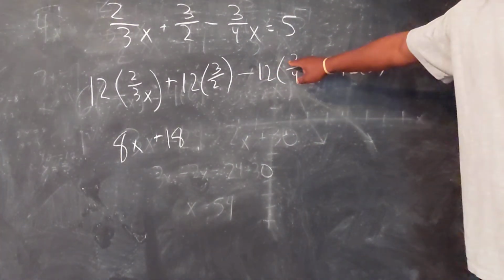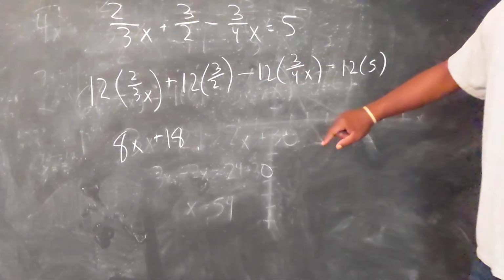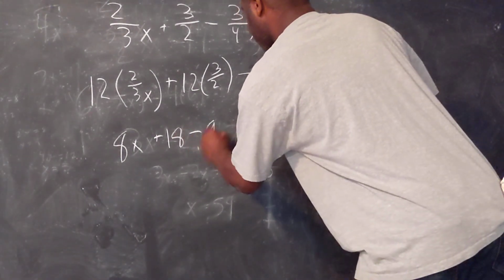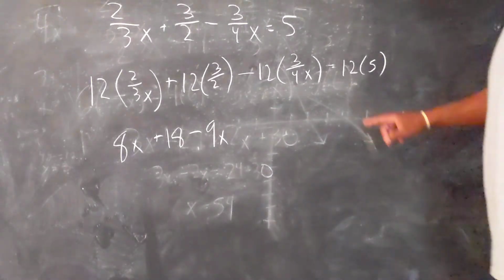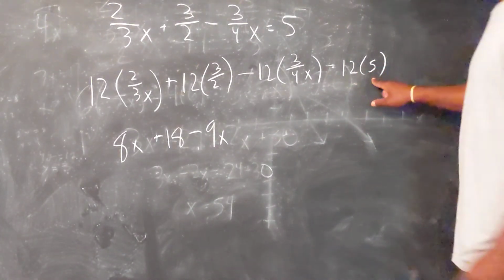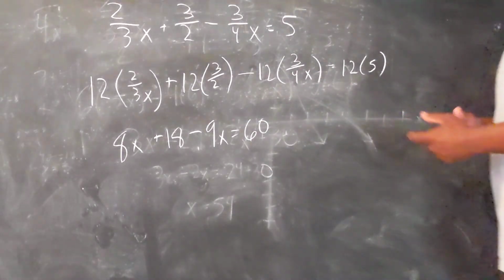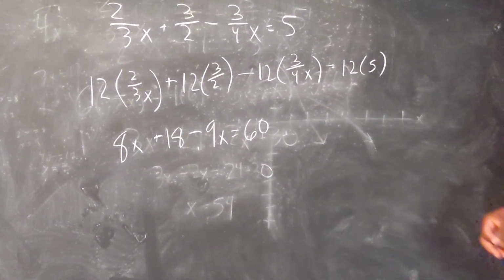This negative 12 times 3 is negative 36, but divided by 4, that's negative 9x. And then 12 times 5 gives us 60.